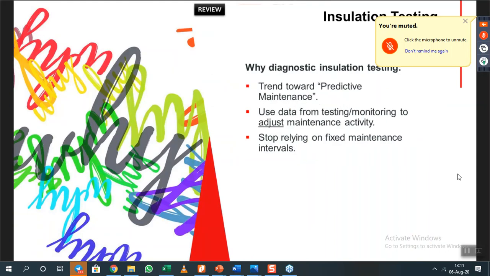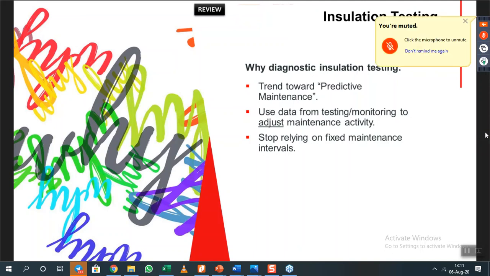So why do we do this diagnostic insulation testing? Of course, it is a trend towards predictive. We are looking forward to what will happen with regards to your insulation. So we can predict if we are going to do maintenance work or testing, and by that, it will lessen the fixed time for maintenance interval.